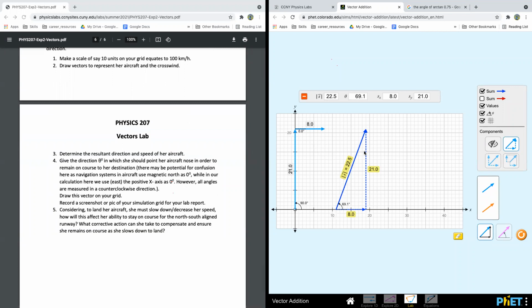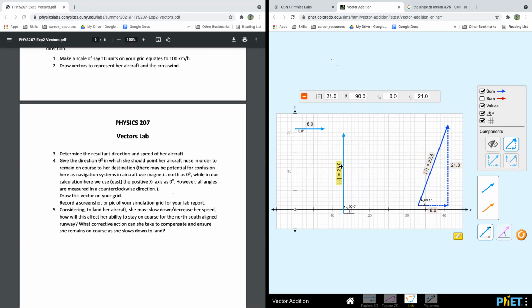That means even this is the resultant because of wind, she could not remain on her course. She should figure out a way to make the resultant due north, like 90 degrees. So how are we going to do that? If we don't change the speed, let me move everything to the center.